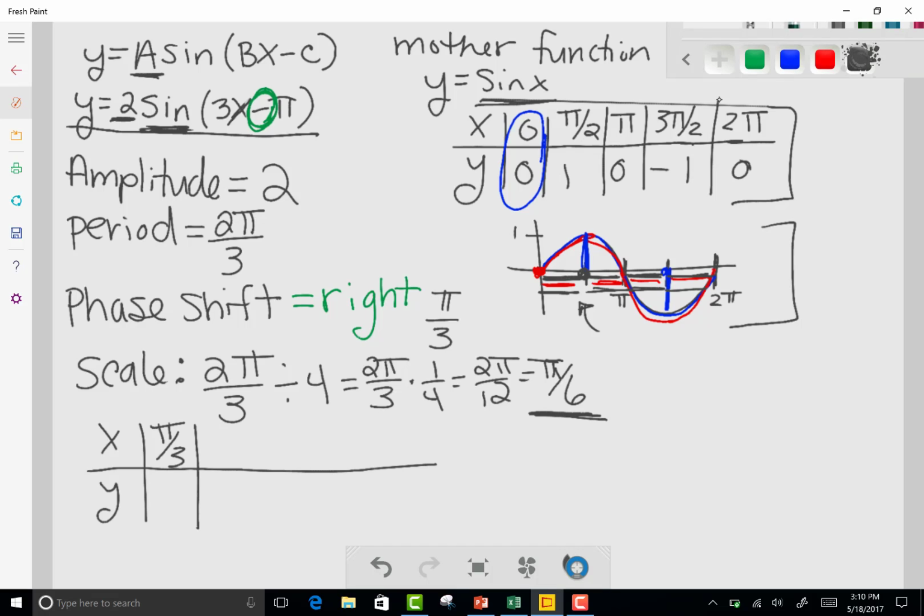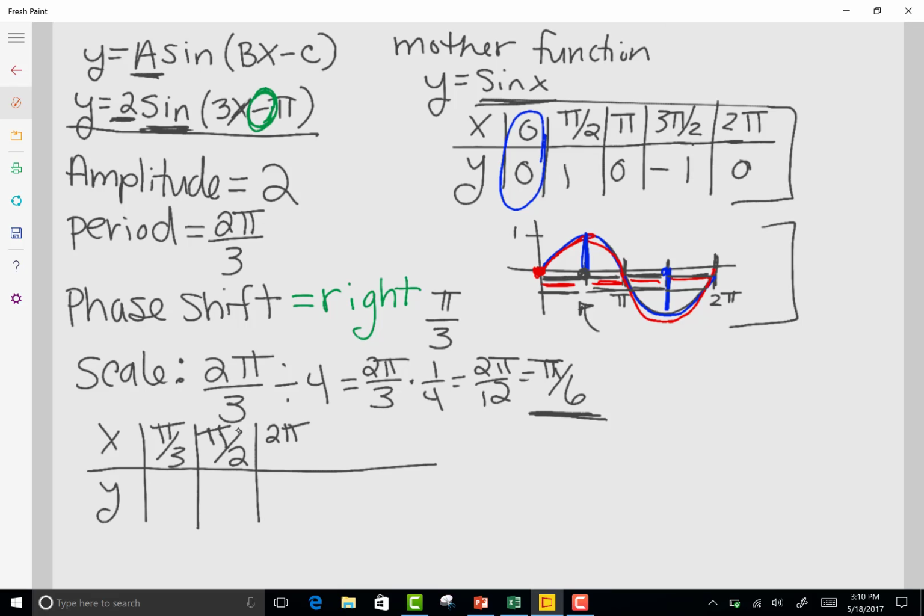Each interval has a length of pi over 6. So when I take pi over 3 and add pi over 6 to get my next point, that gives me pi over 2. Then if I add pi over 6 again, that gives me 2 pi over 3. If I add pi over 6 again, that gives me 5 pi over 6.